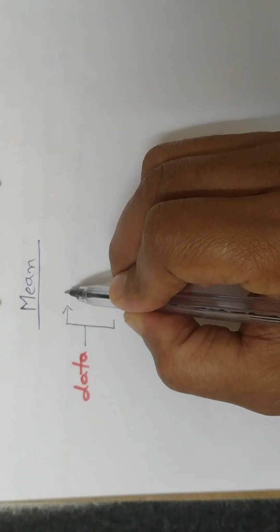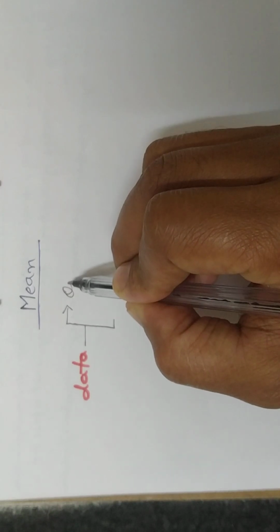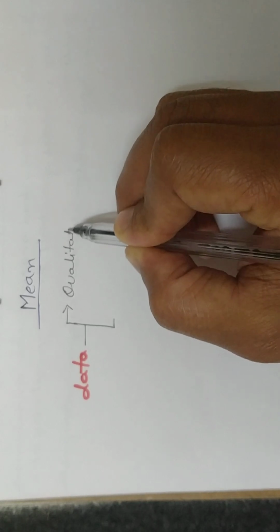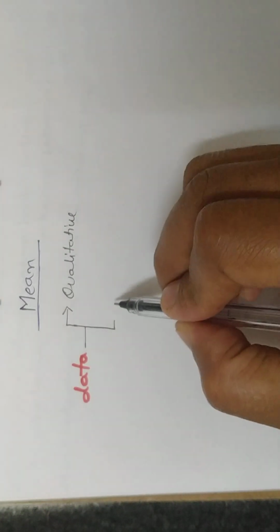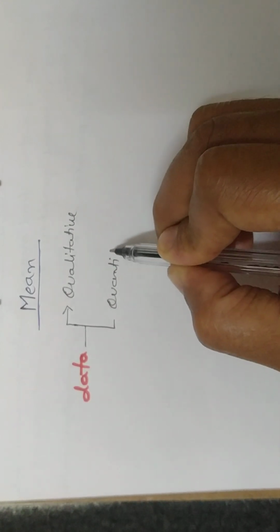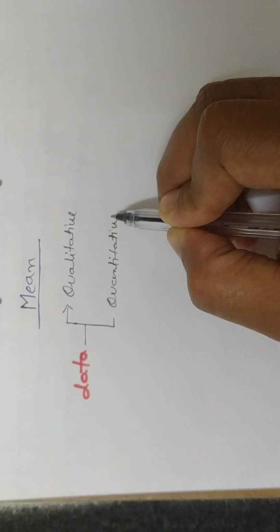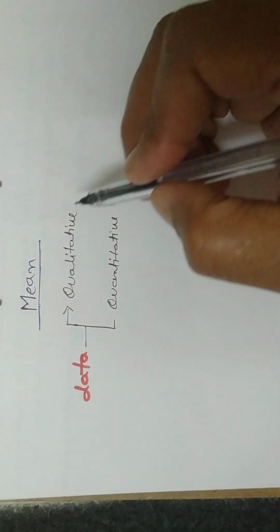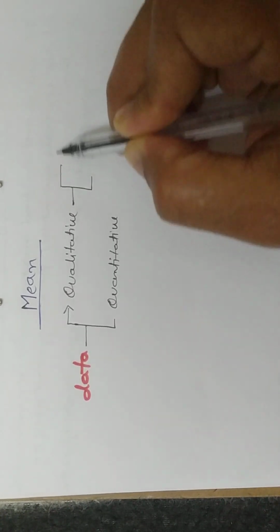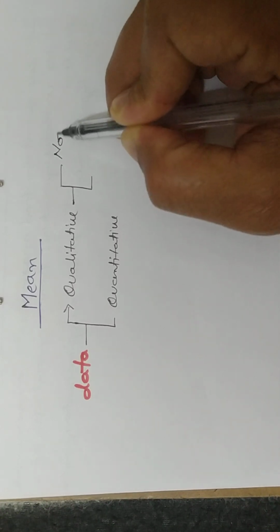One is the qualitative data, which measures the quality of any component, and the other is quantitative data. The qualitative data divides into two parts. One is nominal and second is ordinal.